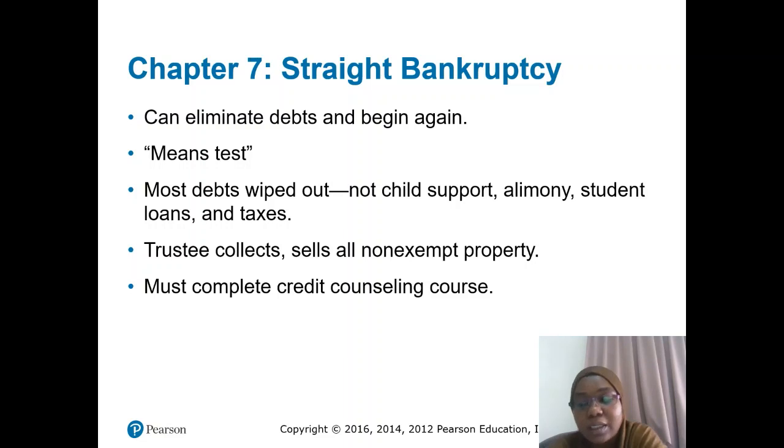The student loan will not be wiped out. You are expected to work after graduating from an institution and start payment. The trustee collects and sells all non-exempt property, and you must complete a credit counseling course for the straight bankruptcy.